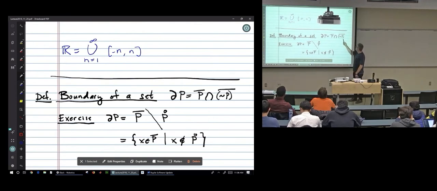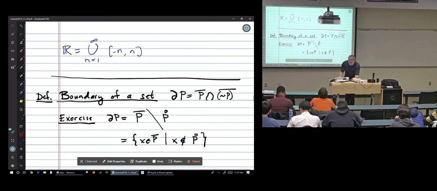And the thing is, if P is closed, then P is equal to its closure, and P intersected with the complement would be the empty set. So you need to have the closure so that you get the whole thing.